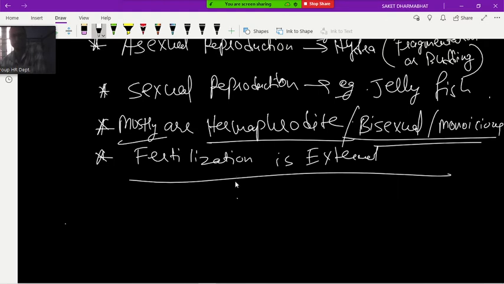Fertilization here is external. Why is it not internal in Coelenterata?